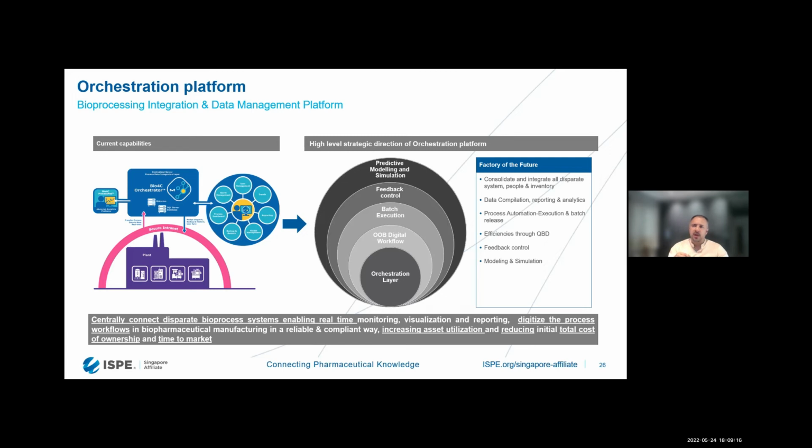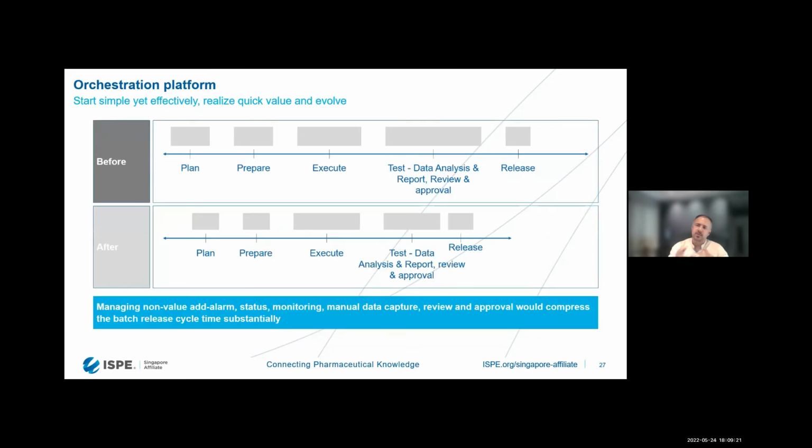So when you take some of the steps towards digitization and towards automation, given the plan, prepare, execute, test, and release cycles, a lot of the execute and test cycles get shortened, so that the release happens faster.